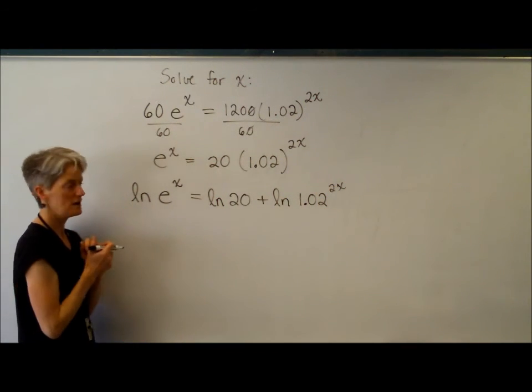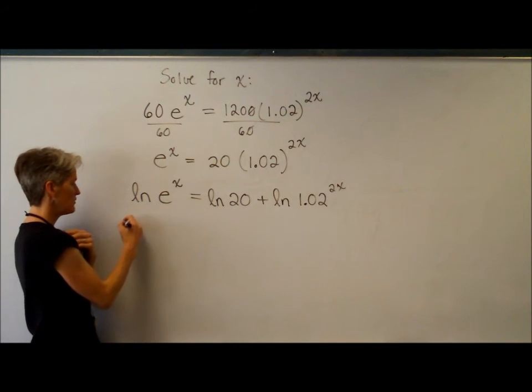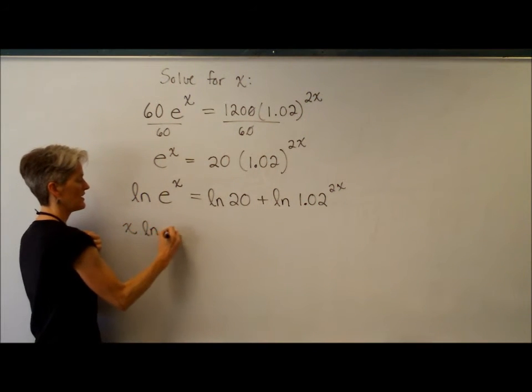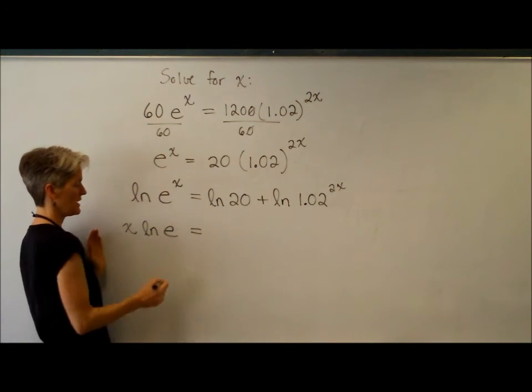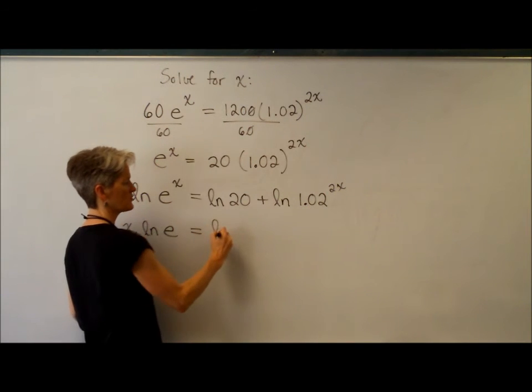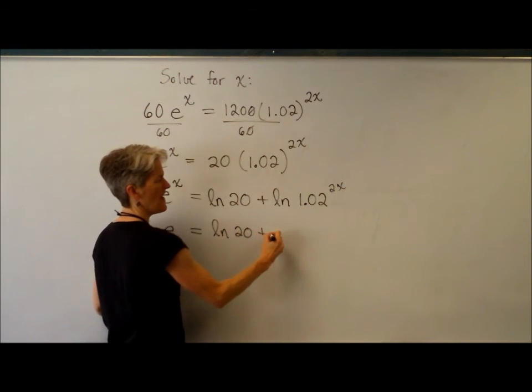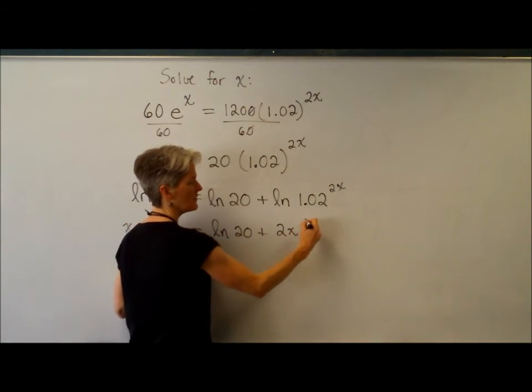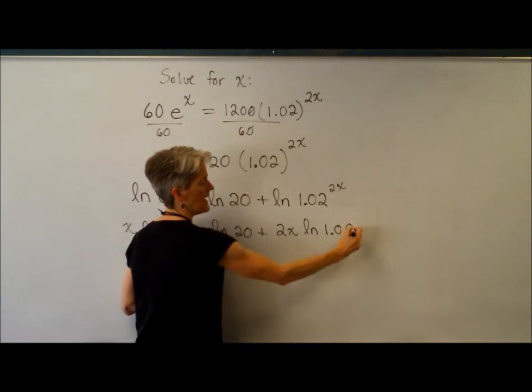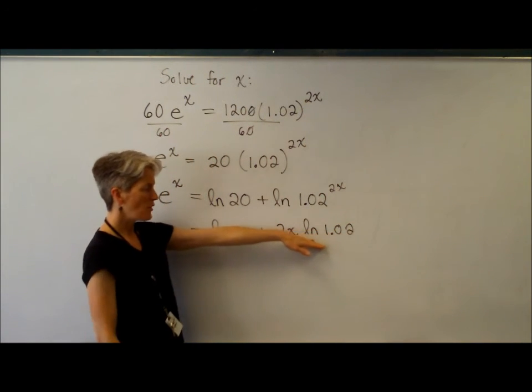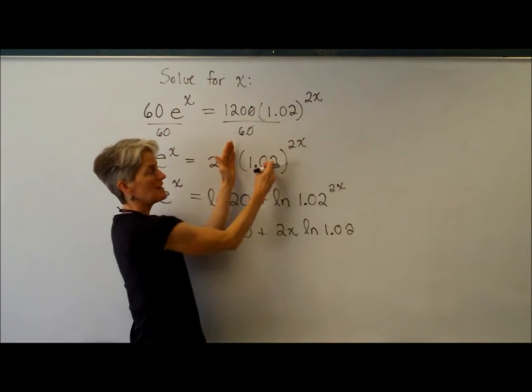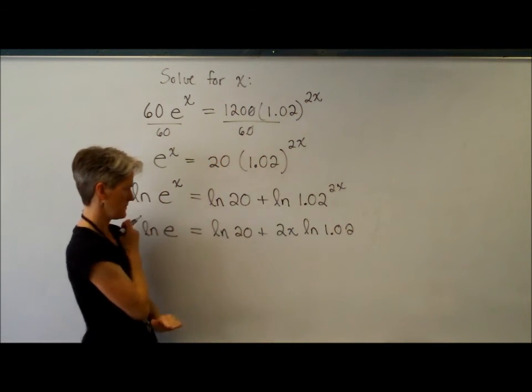Are we okay so far? Looks good. I'm going to bring those down. When you raise an exponent to another power, you multiply the exponents, right? Natural log of 20 is going to hang out. That 2x is coming down. And again, the 2x is only affecting 1.02 because that's the only thing being raised to that exponent.